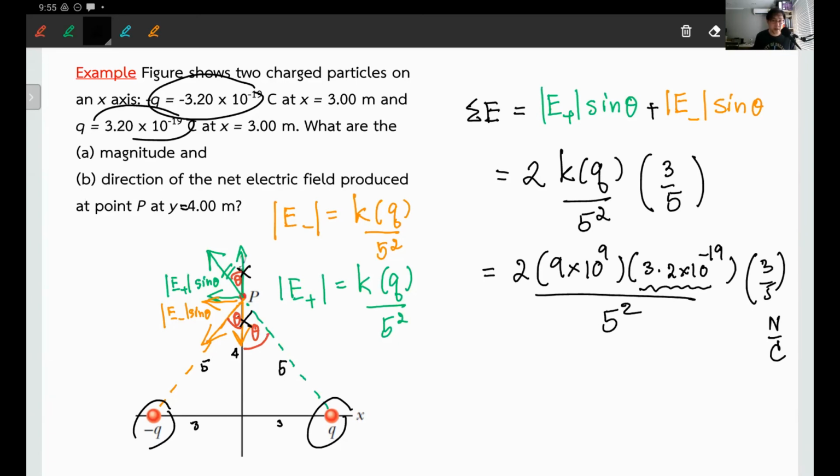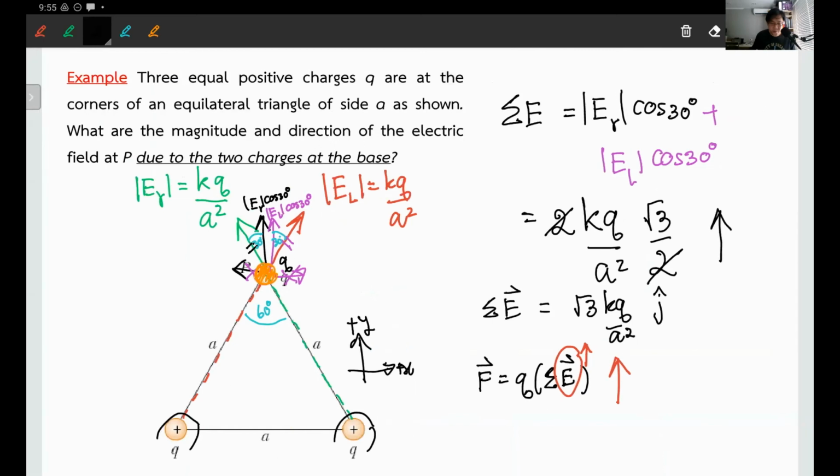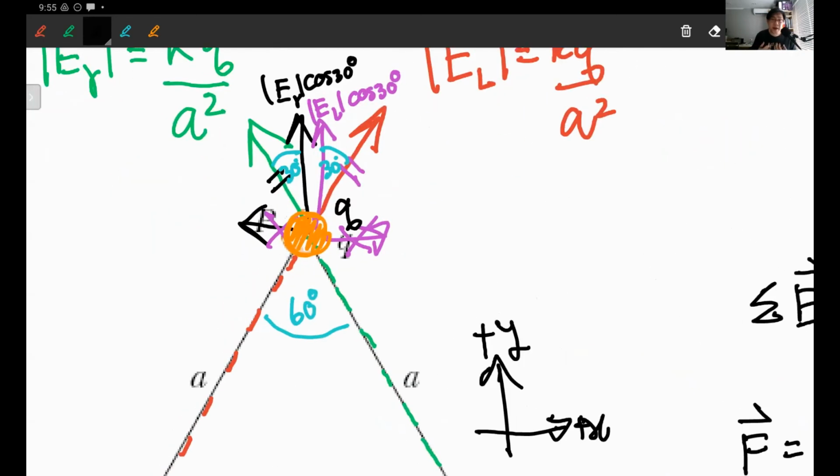You see what I'm saying here? So once I know which direction the electric field should point, the rest of my task is just to figure out the magnitude, which has no more negative sign in it. Magnitude is always positive.